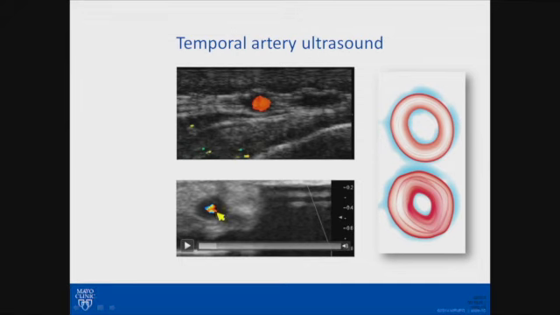The colors are mixed, which means that there's some turbulence in the blood flow, and the wall of the blood vessel is thick and swollen. So this is the ultrasound image showing us that there's something wrong in this blood vessel. It's inflamed because it's thickened, it's swollen, and the amount of blood that's flowing through is less than there should be.